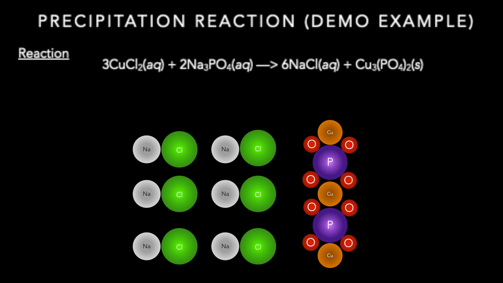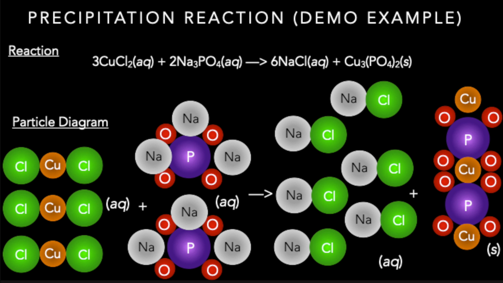We can see it's like any double replacement reaction. The only difference in this case is that sodium chloride will be soluble and copper combined with phosphate will then become insoluble and fall out of solution. The overall process and particle diagram overview can be seen here.